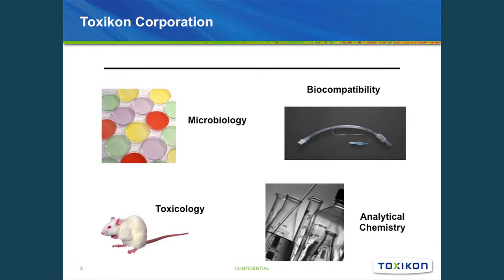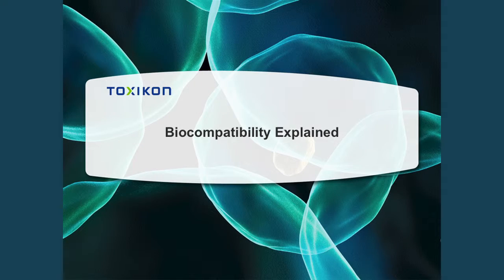We also do the biocompatibility testing, which is going to be the focus of our talk here today. Complementing that is both the toxicology, either in devices, combination products, or pharmaceuticals, as well as the analytical chemistry, the extractables and leachables I was telling you about earlier, and even some of the bioanalytical support for the toxicology testing.